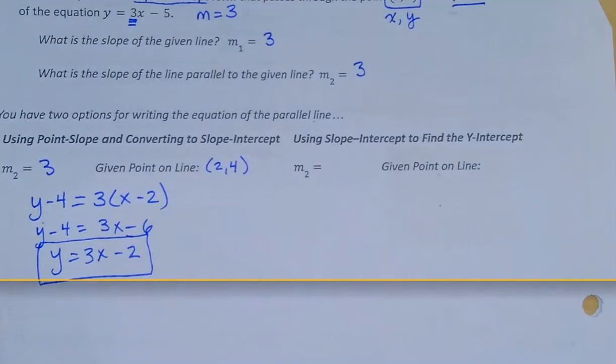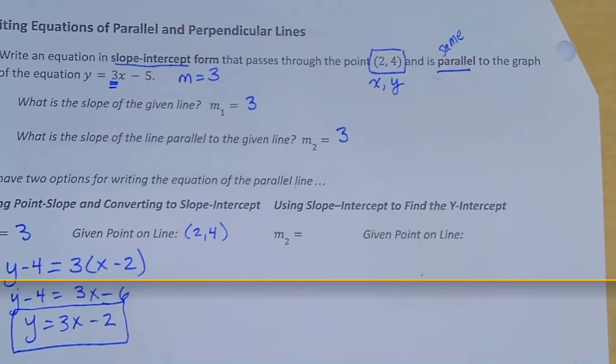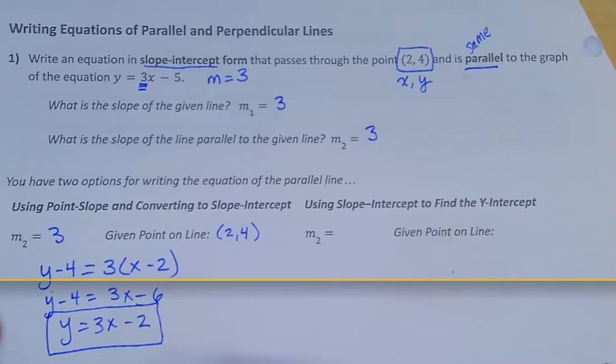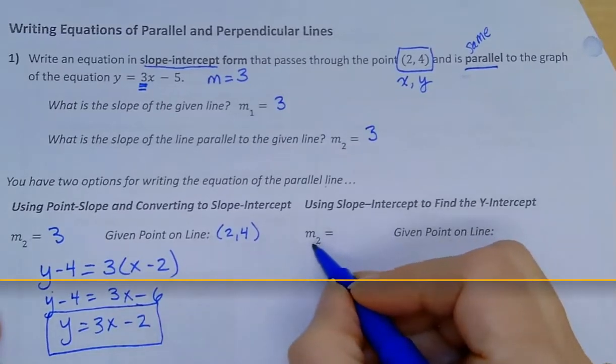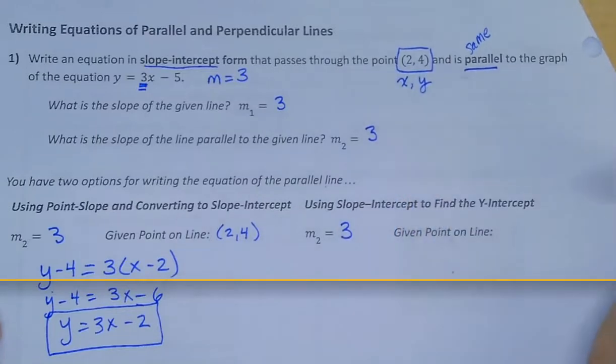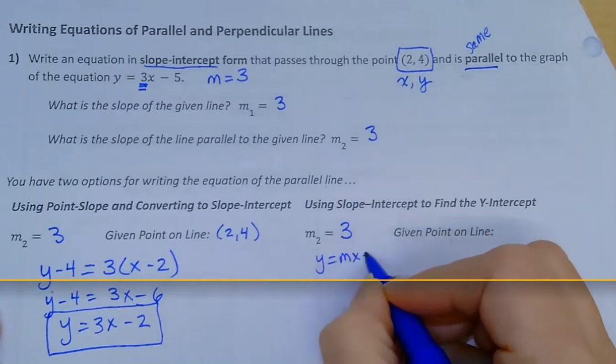Okay. I also could have used the slope-intercept form to find the y-intercept. So I'm going to back myself up and make sure you can see everything on here. I know that the slope for my new line has to be 3, and I have an x and I have a y. So I know slope-intercept is y equals mx plus b.